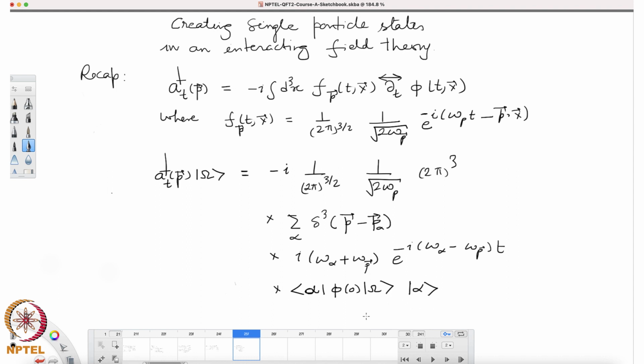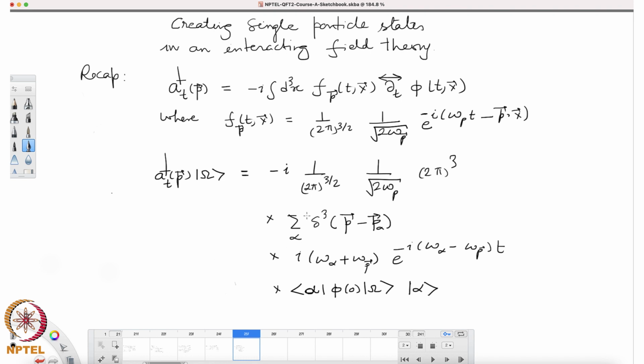I had also argued that vacuum doesn't contribute. Out of this alpha you can drop the vacuum, because we argued that this delta function doesn't hit for vacuum, because the momentum of the vacuum is 0, and since p is arbitrary, that delta function doesn't contribute. So from this ket alpha, ket omega drops out. You are left with a sum over states which are single particle states and multi-particle states.